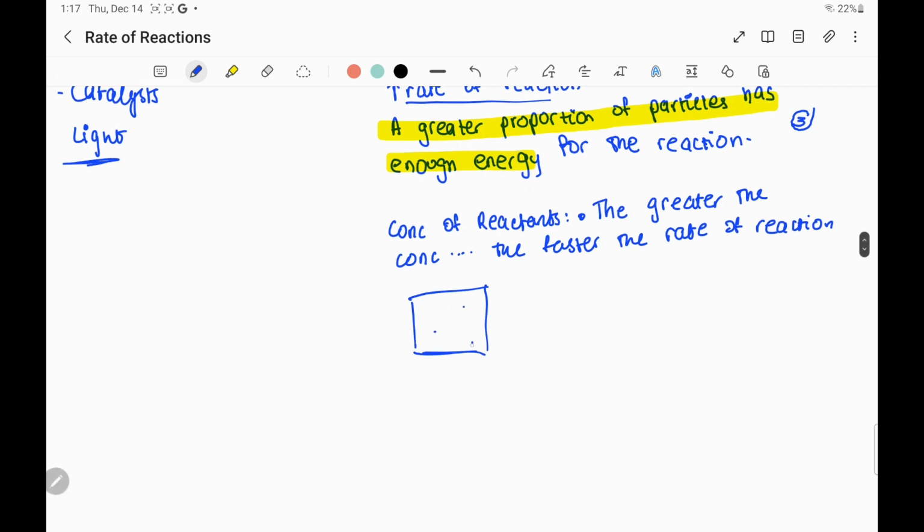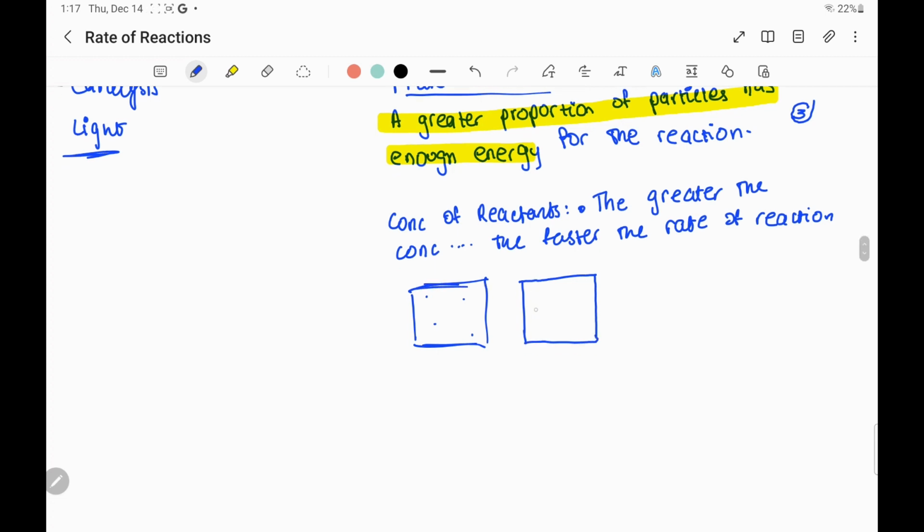So here is your non-concentrated solution. And here, in the same amount, the same dimensions, let's assume, this is your concentrated solution. What's the difference between these two?